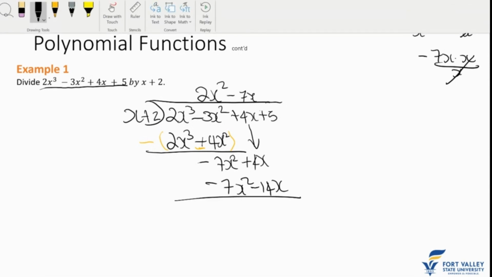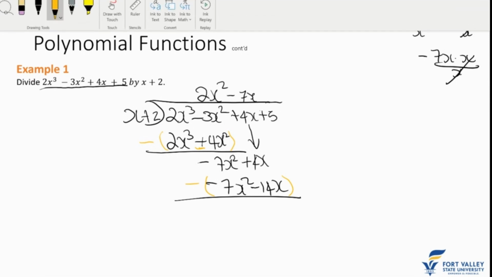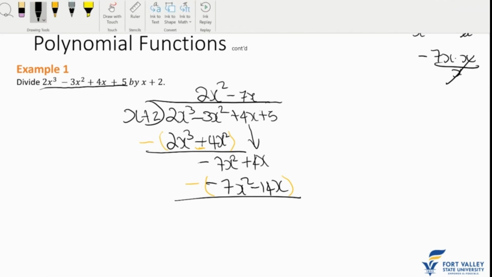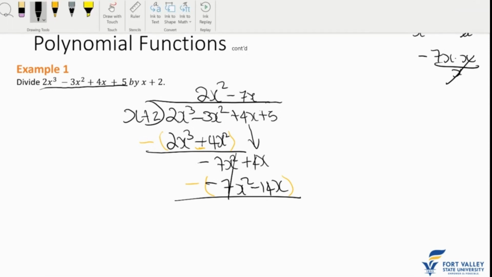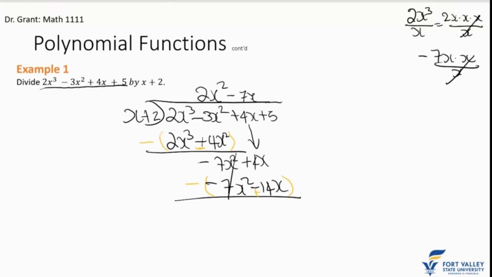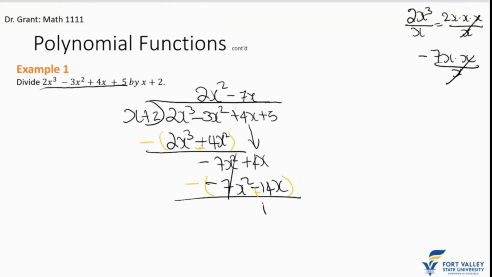We subtract. Alrighty, these go away. Remember, the sign here will change. So this actually becomes 18x. And I'm going to bring down my 5.